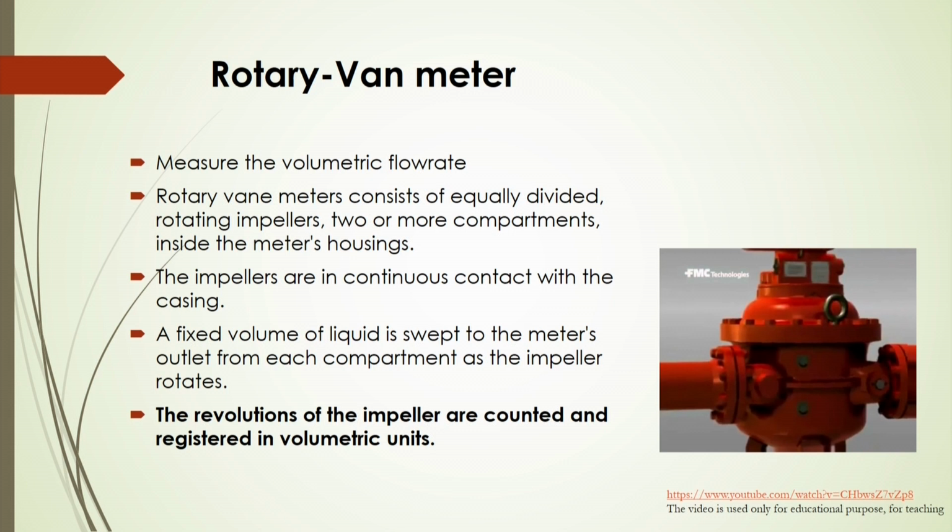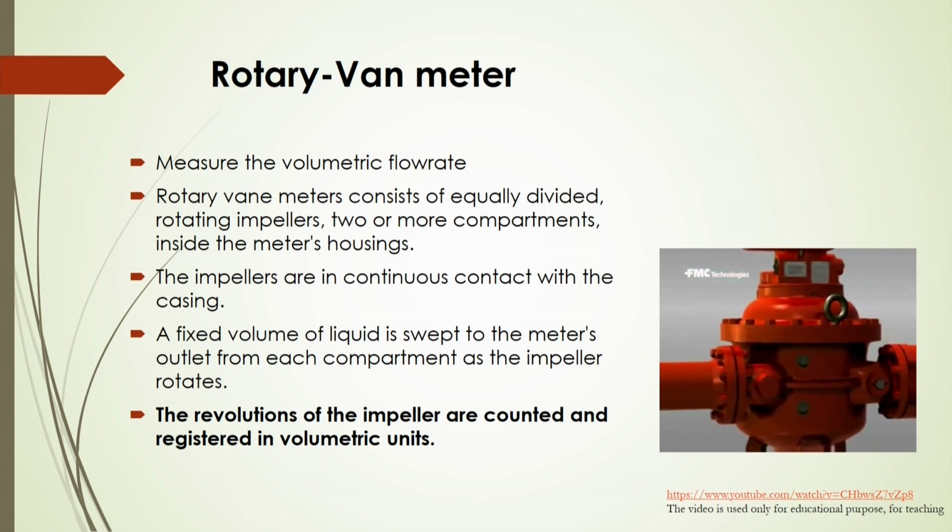meter, and this rotary vane meter will give you the volumetric flow rate. It generally consists of equally divided rotating impellers, two or more compartments inside the meter's housing, and the impellers are in continuous contact with the casing.